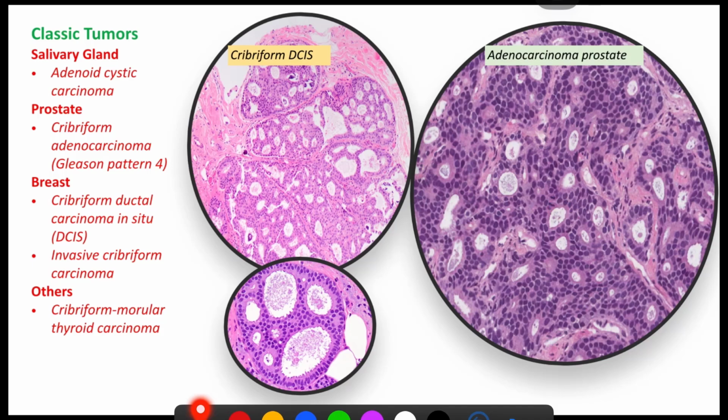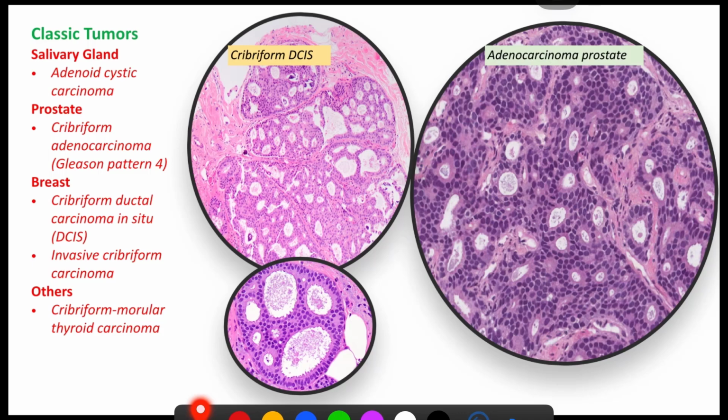Examples of this tumor pattern: one is adenoid cystic carcinoma, second is adenocarcinoma of prostate, where Gleason pattern 4 shows this Cribriform pattern. In Gleason patterns 1, 2 and 3 you will see mostly Acinar pattern. When they fuse together, they form Cribriform pattern and are called Gleason pattern 4.